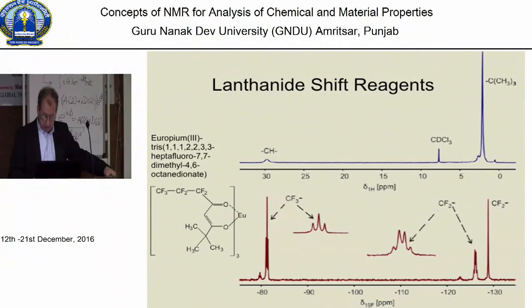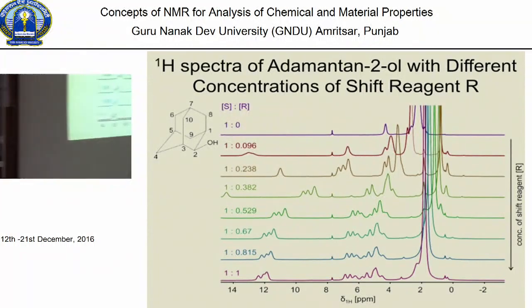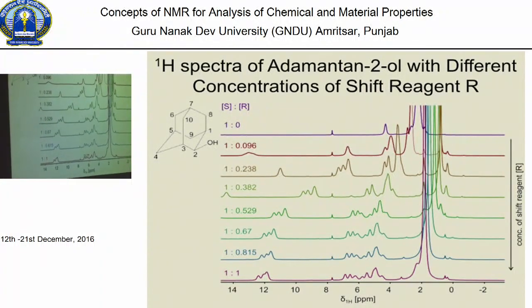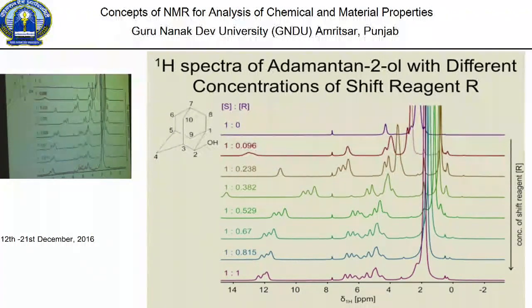And Ketrapal has actually measured a number of spectra for me with different concentrations of the shift reagent. He measured adamantanol, and with 0 shift reagent, all your lines appear in the chemical shift range between 0 and 8 ppm. And if he uses a ratio of 1:1, then your shift is spread.